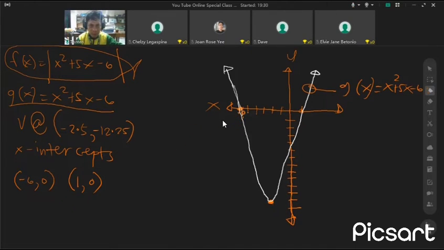Thus, we will cut this from the intercept. This is the importance of intercepts, because from this intercept, we will cut this portion of the negative graph, and we will transfer it upward.